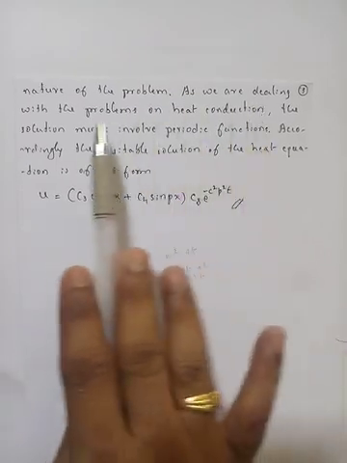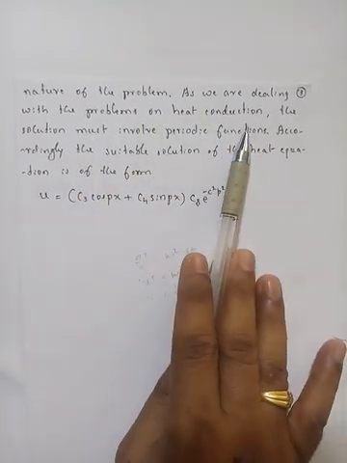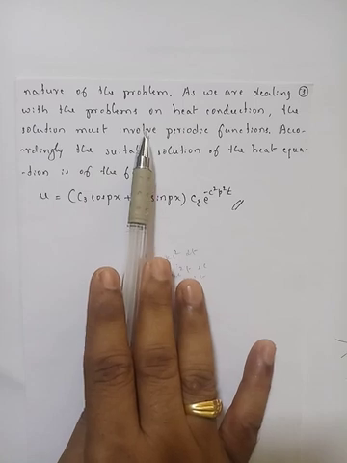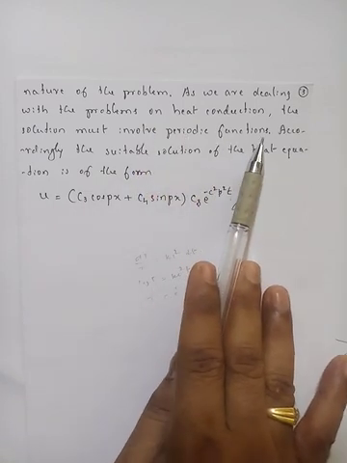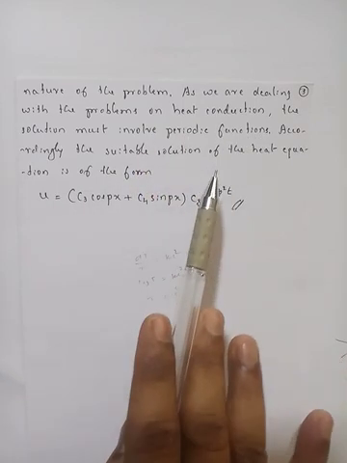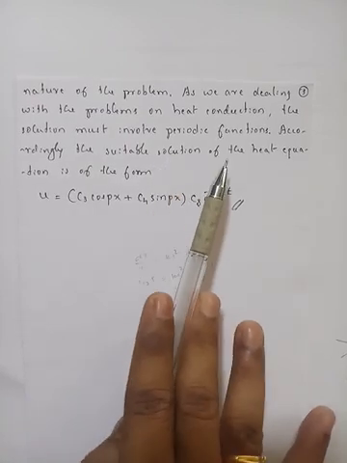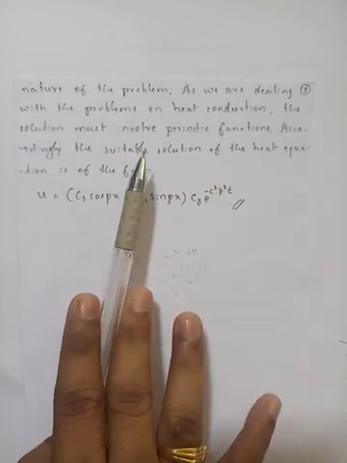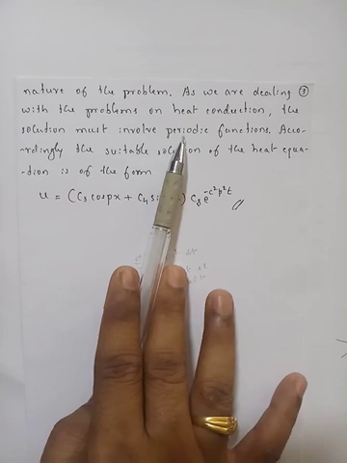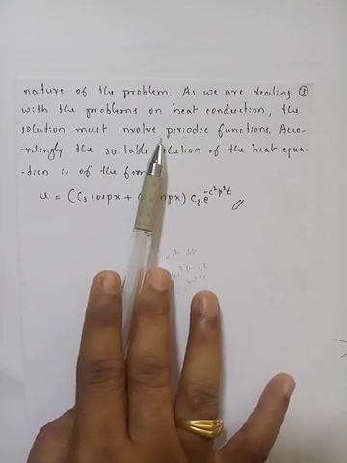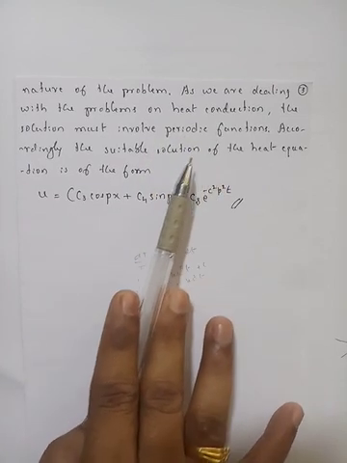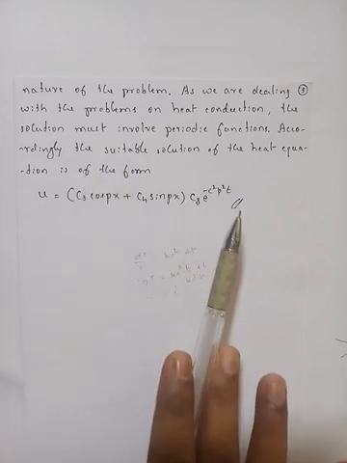As we are dealing with problems on heat conduction, the solution must involve periodic functions. The convenient solution for this heat equation must contain a periodic function, because there is a flow of heat in the bar.